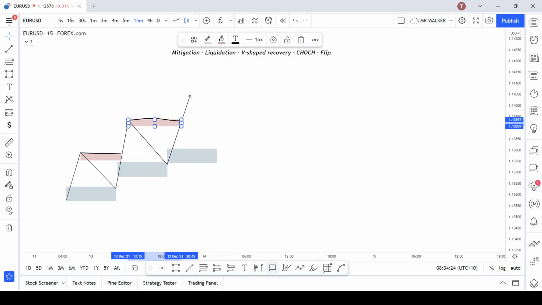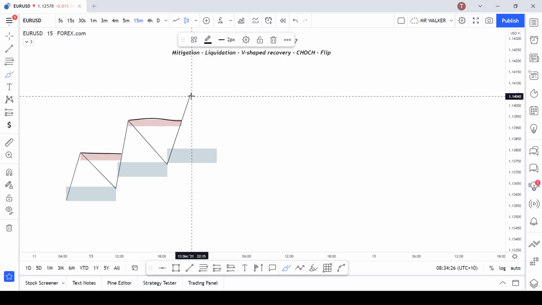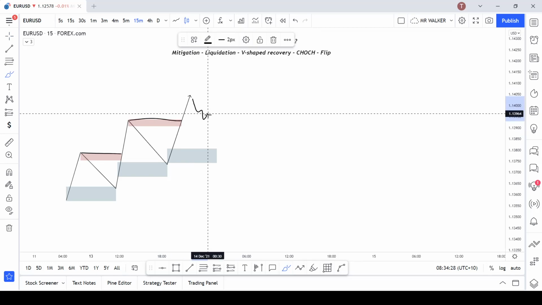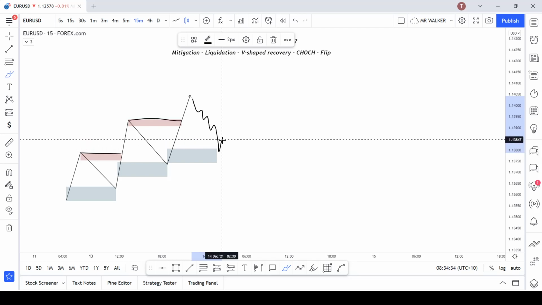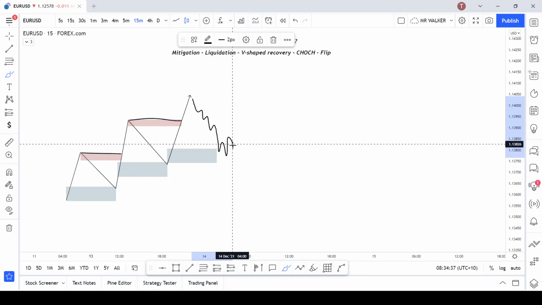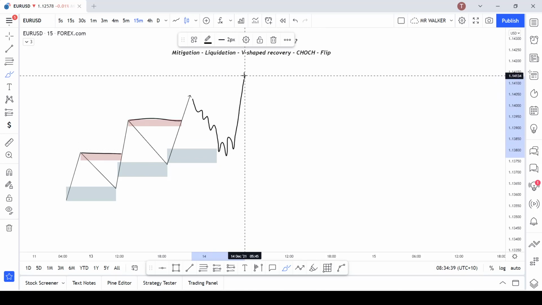demand. The anticipation is that the price will somewhat correctively or impulsively retrace back to this demand, and then will show some reaction on lower time frames, and then it will go higher, right?